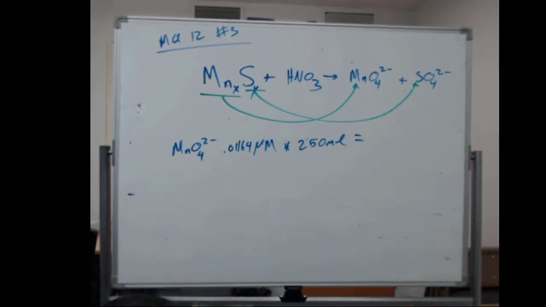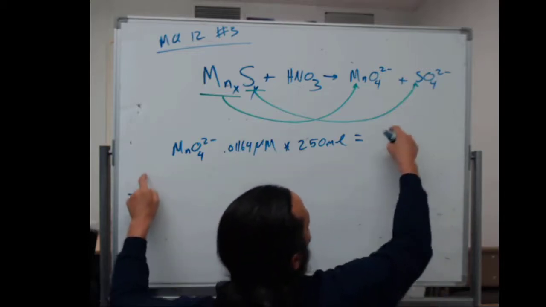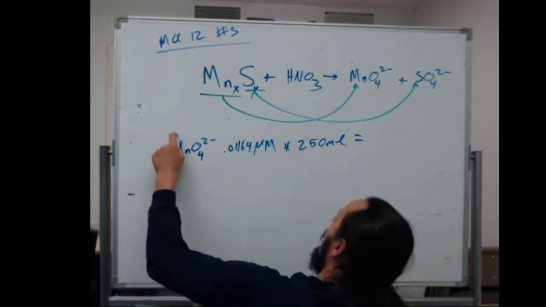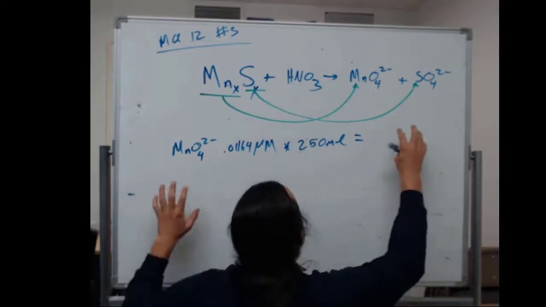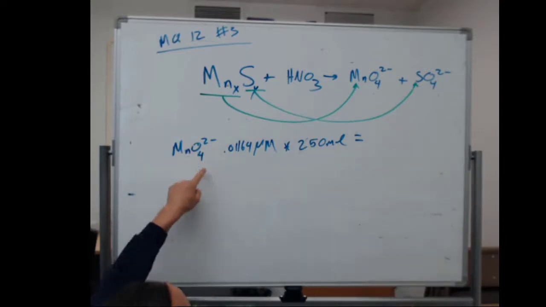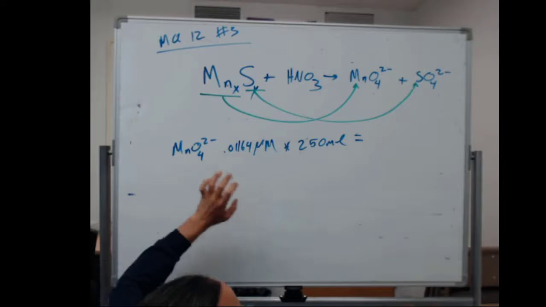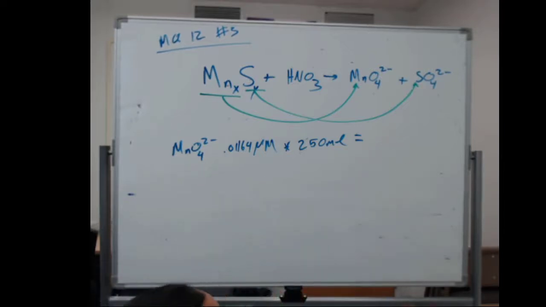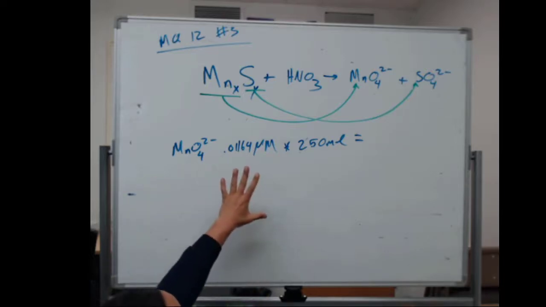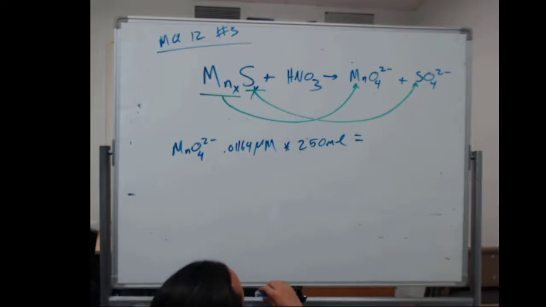And then just like the analysis we were doing with combustion analysis, I can take my moles of permanganate and figure out how many moles of manganese must be in that, because I know that there are 4 oxygens and 1 manganese for every mole of permanganate. Let's do that calculation just for the permanganate, and then I'll let you do the other half for the sulfur. First thing, careful with the units.